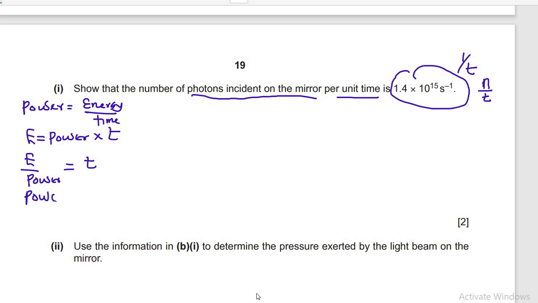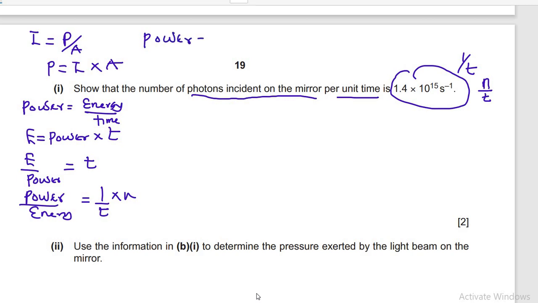What I want is 1 over t, which should give me power over energy, maybe times n, the number of stuff per unit time. So that should be power over energy. Now, remember we are given intensity. This intensity is power over area, so power is intensity times area. That's my power in this question.